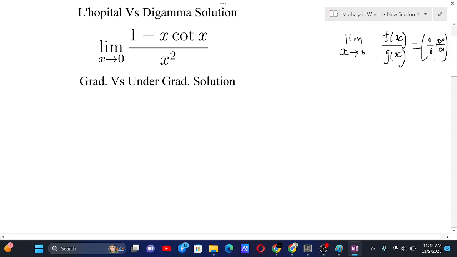If it is in this form, then this limit is also equal to the limit as x tends to 0 of f dash x by g dash x.